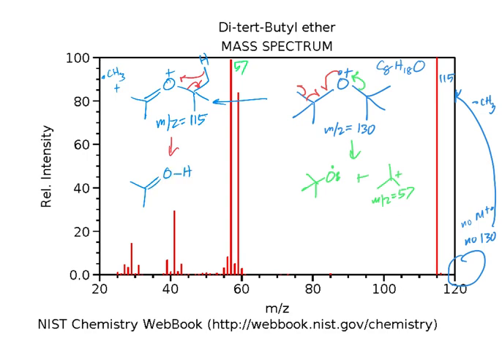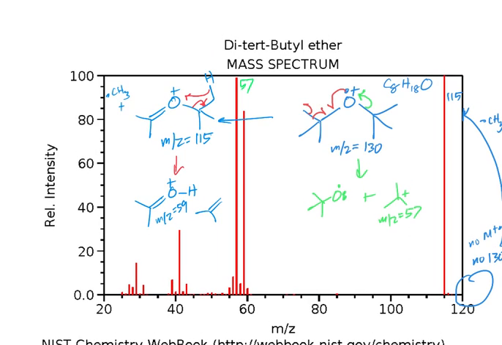And we just end up with a hydrogen here plus this neutral alkene. And this has a mass to charge of 59.